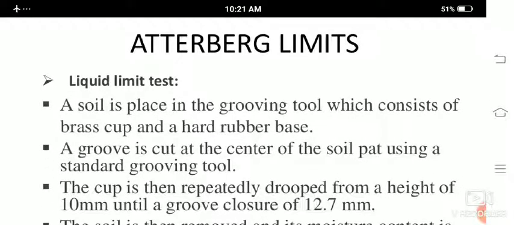As I said, the equipment used for Atterberg's limit is the Casagrande apparatus. Atterberg's limit is used to find out the consistency limit. This consistency limit is determined in the liquid limit state and in the plastic limit state.